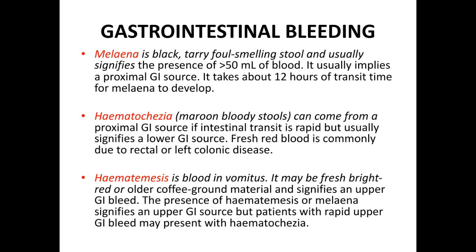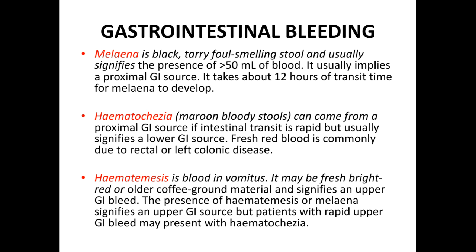And if the patient has only hematochezia, then we may suspect a lower GI source. Melena means black, tarry, foul-smelling stool, and usually it signifies more than 15 ml of bleeding.